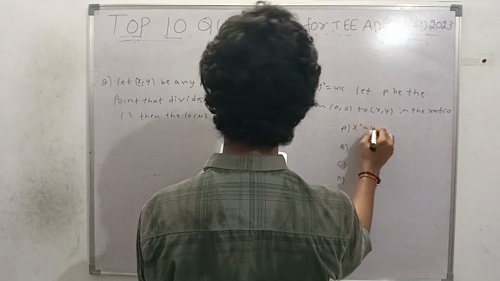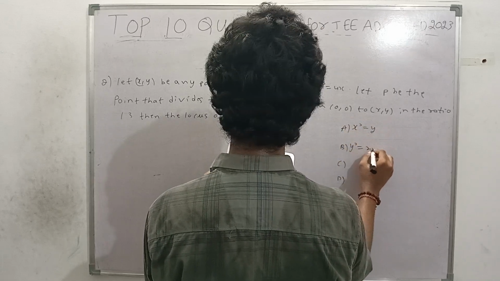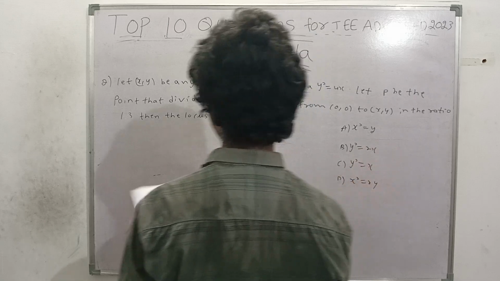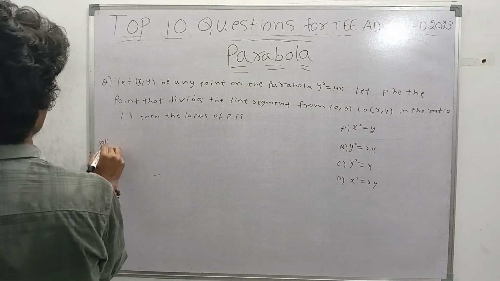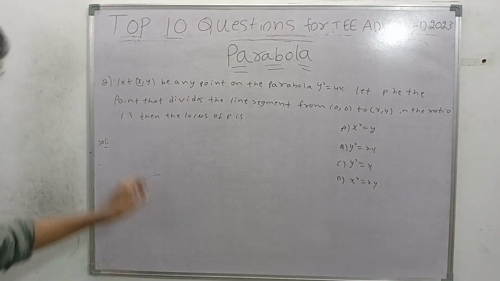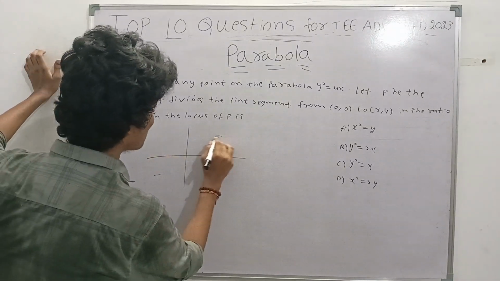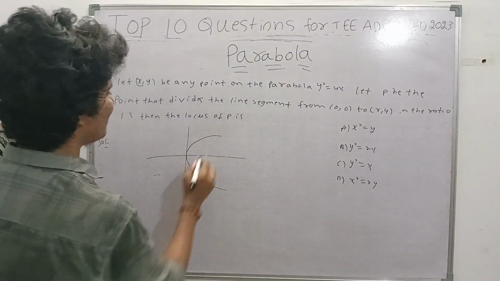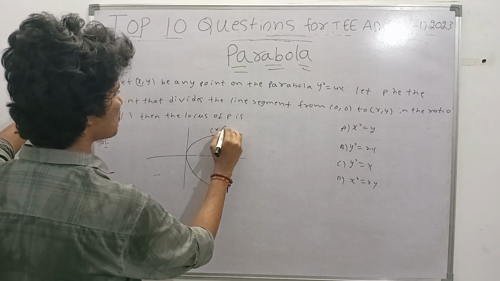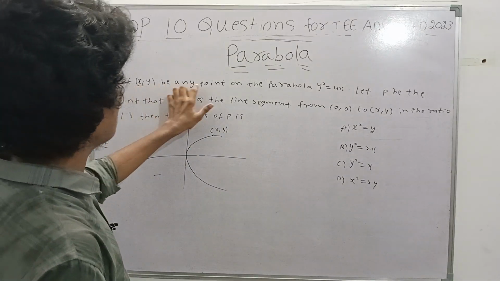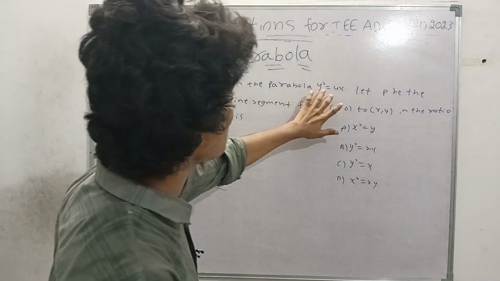The options are x square equal to y, y square equal to 2x, y square equal to x, square equal to 2y. So this is the second question. Now what are they asking? Let (x, y) be any point on the parabola y square equal to 4x, and suppose I am taking this point as (x, y).